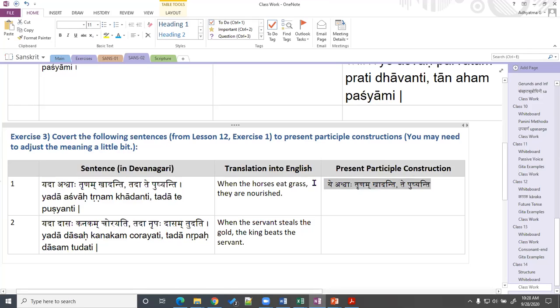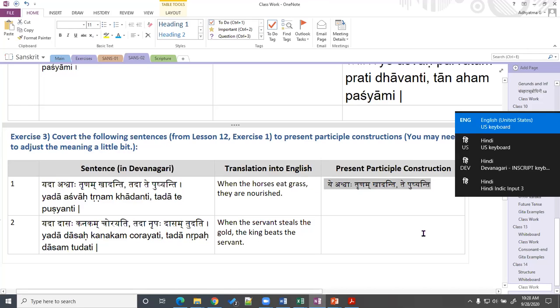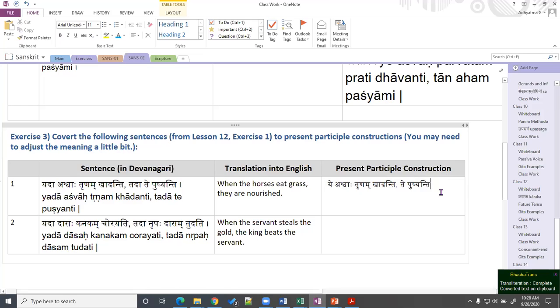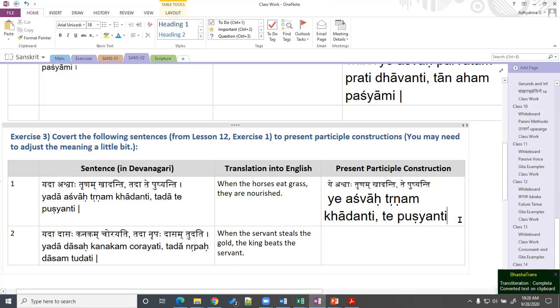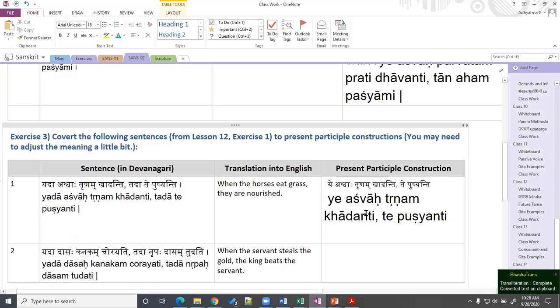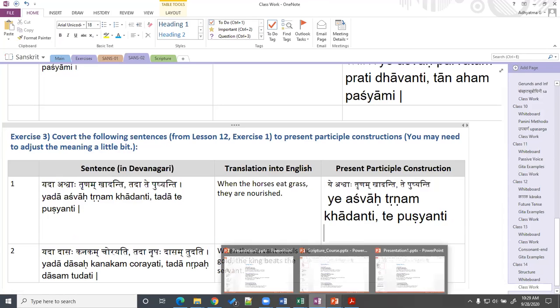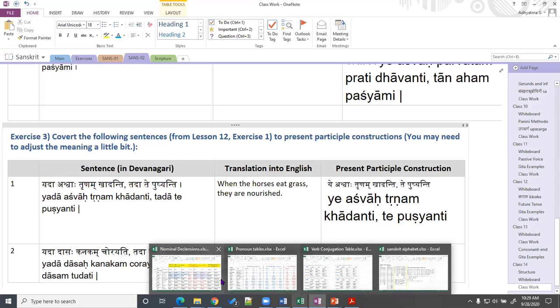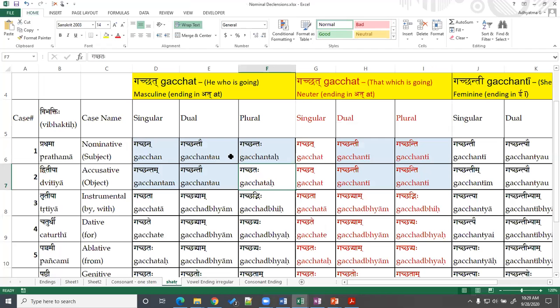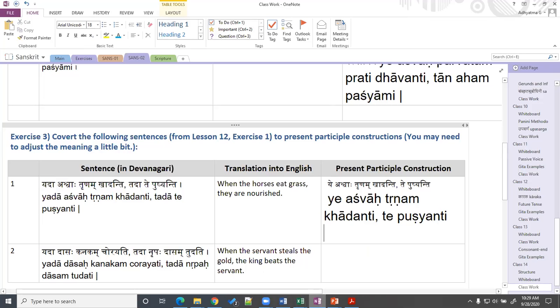And now you can easily make it in the participle form. How do you make the participle form now? Khadanti. The one who is eating is the ashwa, the horses are eating.